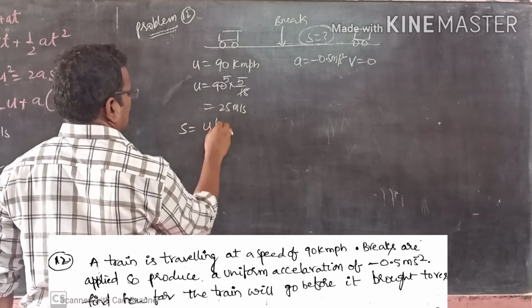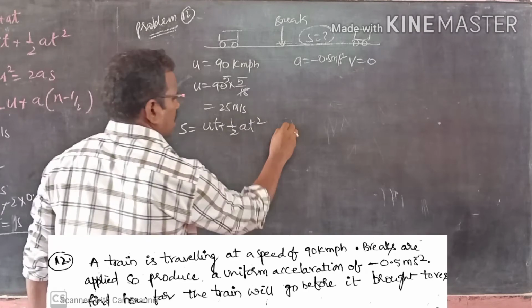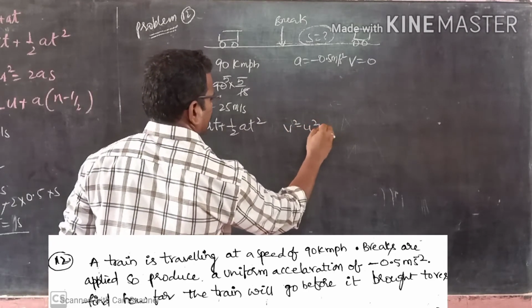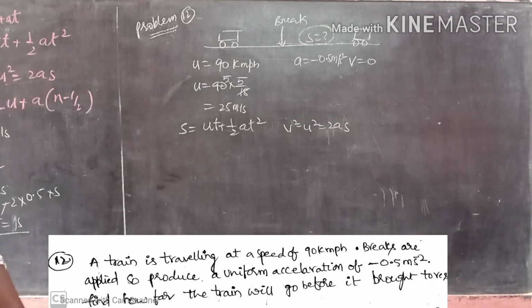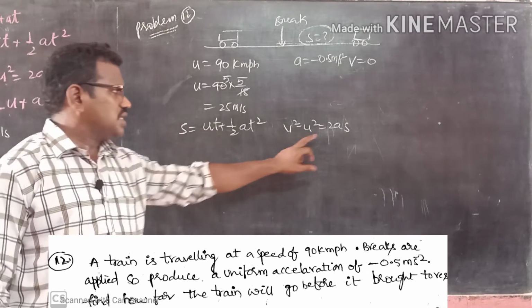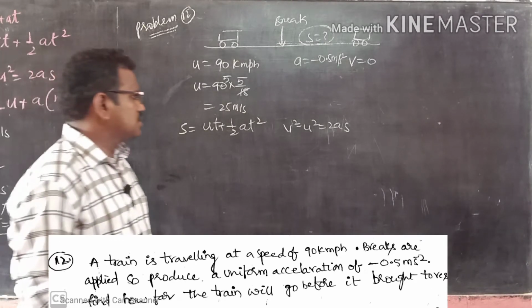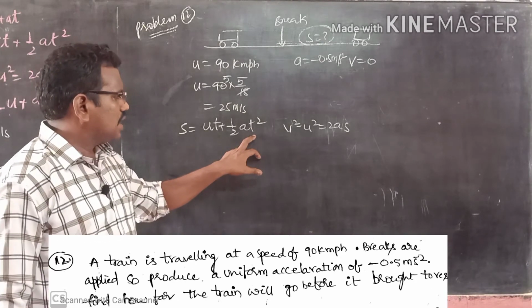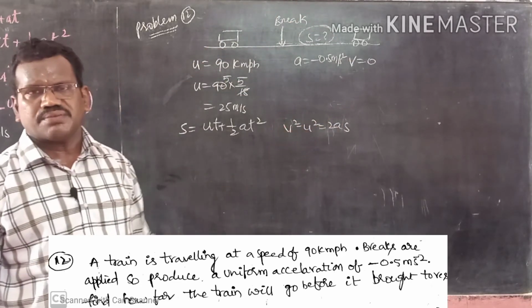For s we have s is equal to ut plus half at square, or otherwise v square minus u square is equal to 2as. We have two more formulas. Here also s is there, here also s is there, displacement. Now which formula is suitable? See, in this formula time is required, but throughout the problem there is no time.